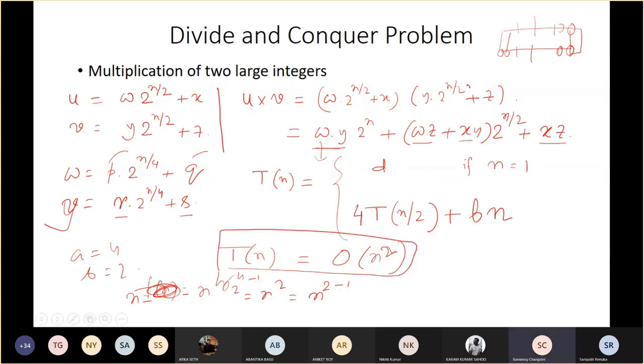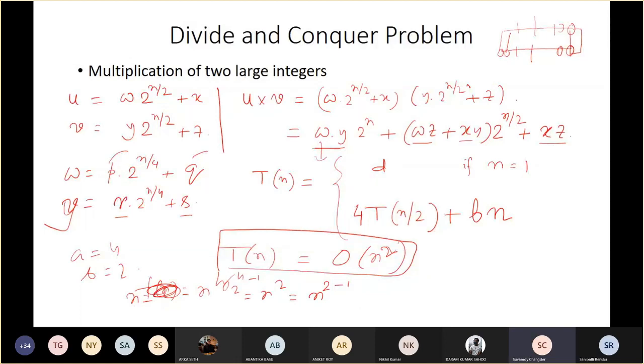Now the question is, is it possible to decrease this value? I think you have understood how we got big O of n square for multiplying two integers using the divide and conquer method. So here you see, in this case we have not decreased it; we are unable to decrease it.